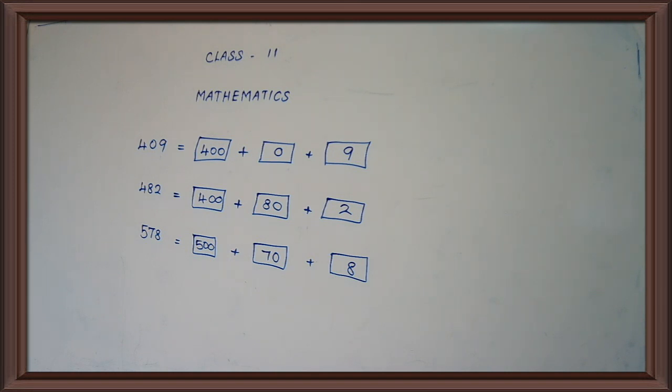See the K question. Ones place is 3. Yes. Tens place 20. 100 place we want to write 700.